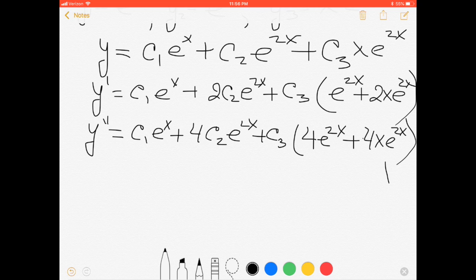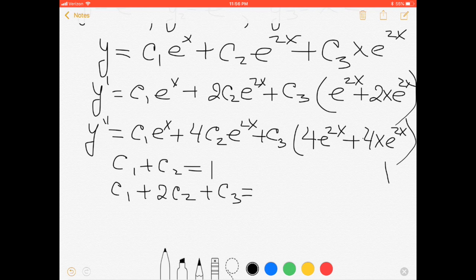Now we need to plug in x equals 0 here because our initial point is 0 and build our equations. Plugging into the function, x equals 0, we have c1 plus c2, and the value of our function equals 1. Plugging into the derivative, you have c1 plus 2c2 plus c3, and this needs to equal 4.